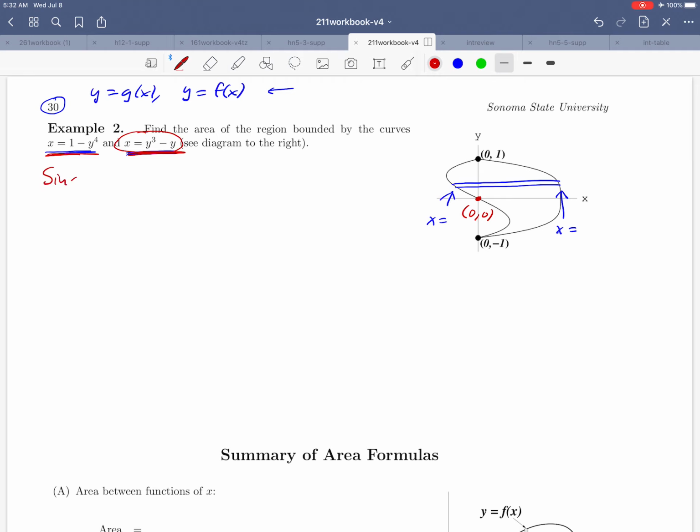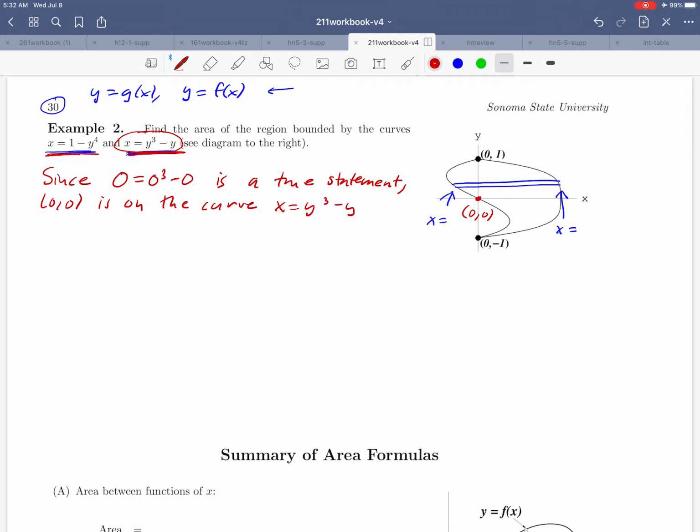So my comment is the following. If we plug 0 in there, notice that that's a true statement. We get 0 on both sides. We know that (0, 0) is a point on the curve x equals y cubed minus y, and therefore that curve must be the curve that's on the left.